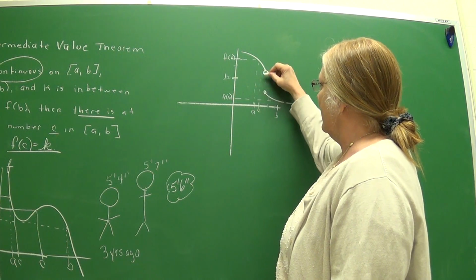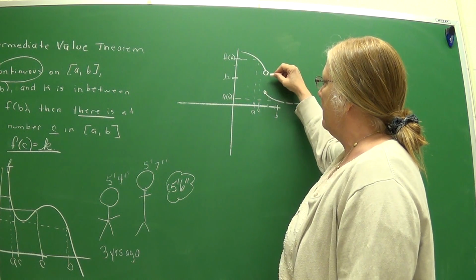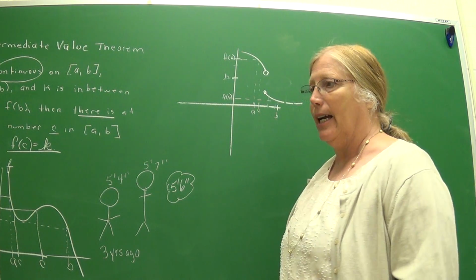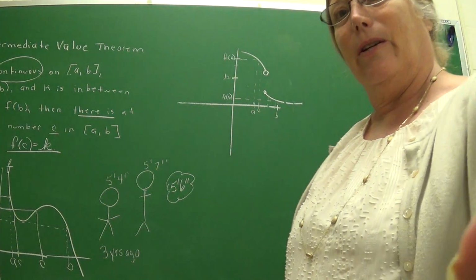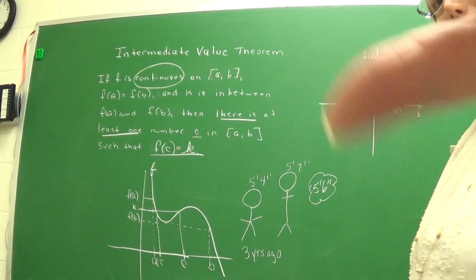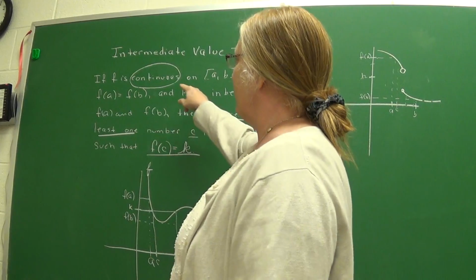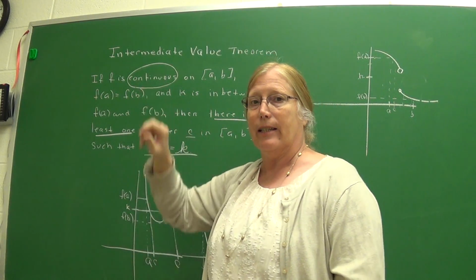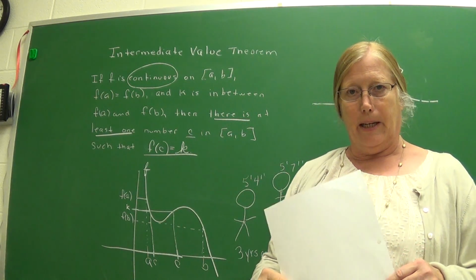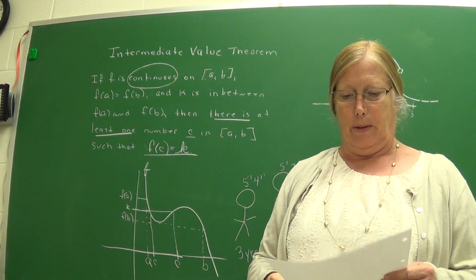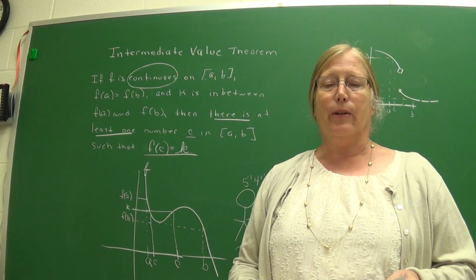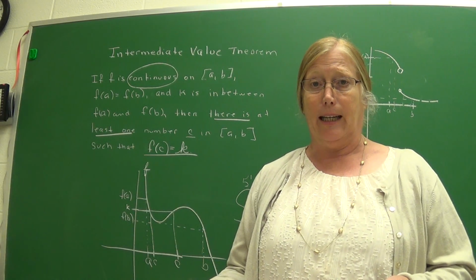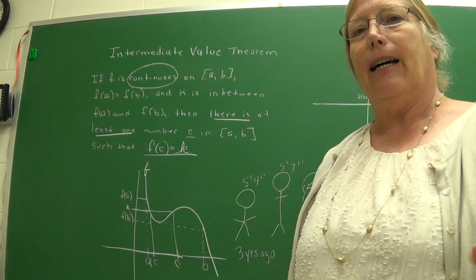I can't seem to find any part of the function that will connect to k because it is discontinuous. So the big deal here is I have to define the function as continuous for this intermediate value relationship to apply. It is very helpful to use when you're looking for zeros, for one thing, and think about that.